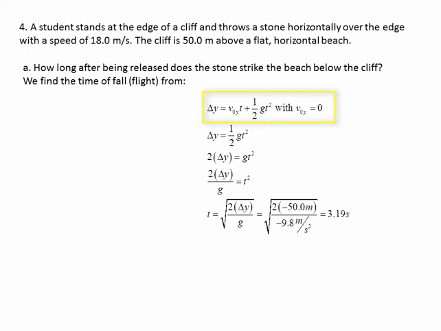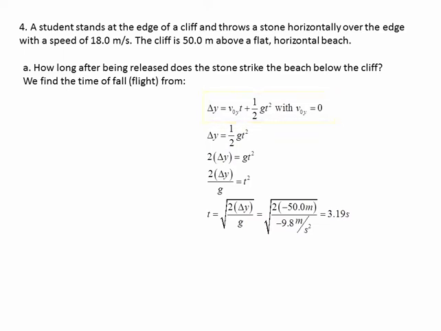Okay, so if we choose the relationship that the change in the y direction is equal to the initial velocity in the y direction times time, and we add to that 1/2 of the gravity times time squared, that's our acceleration function, we have values here that we can use to solve for that time of flight.